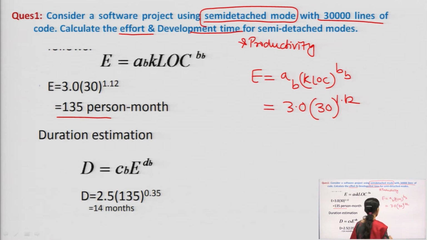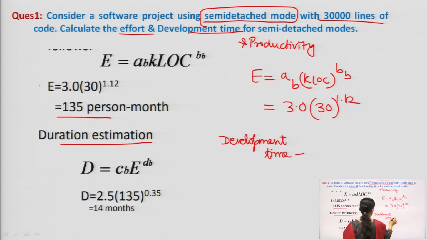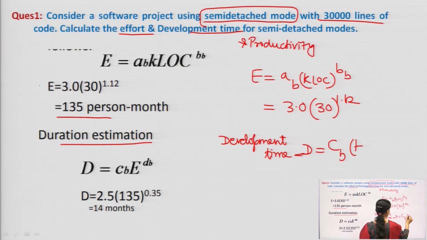Then the second parameter to calculate is the development time. It is represented as DD, which is CB into the effort already calculated, power DB. Here CB is 2.5 and the effort I have calculated is 135, to the power 0.35.